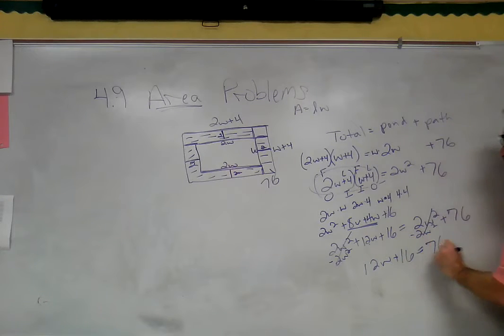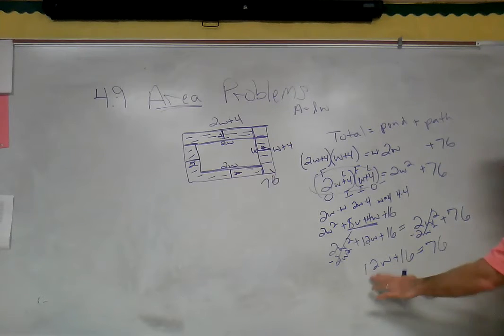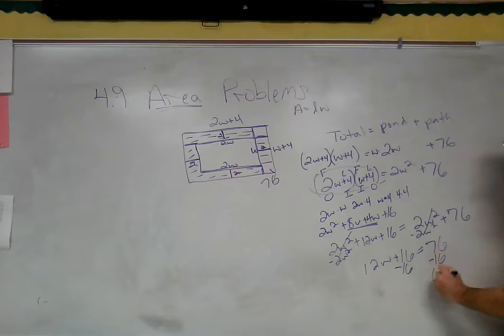Now we are at a two-step equation. We have our variable, so we want to get rid of 16, opposite of 16, negative. 12W is 60, divide by 12, W equals 5.